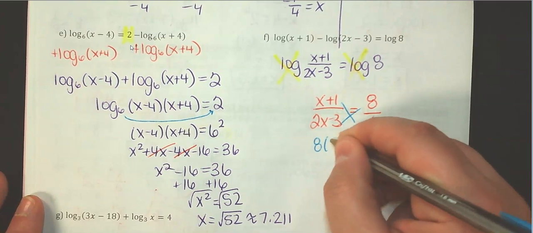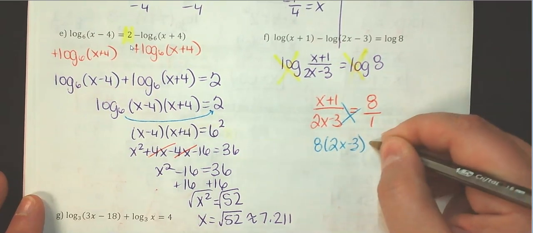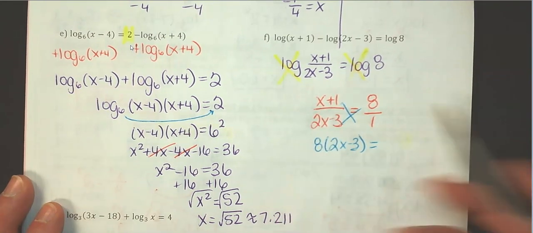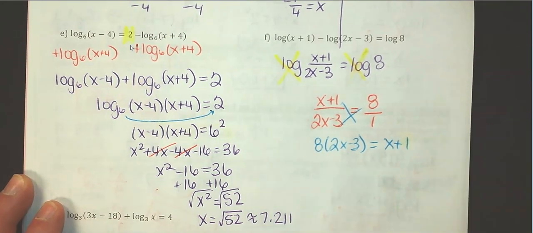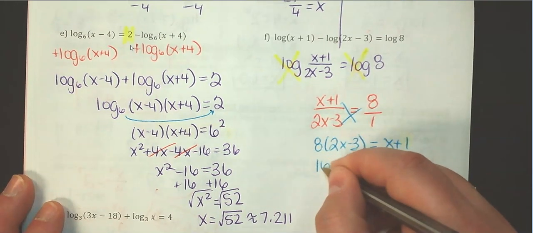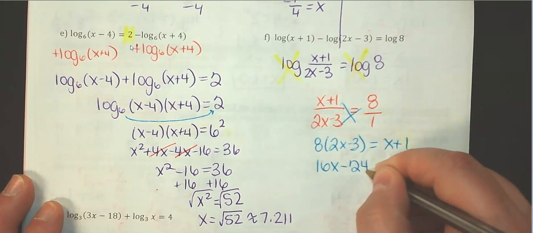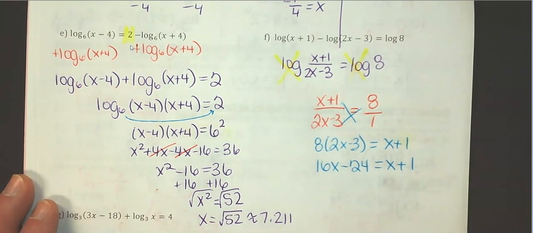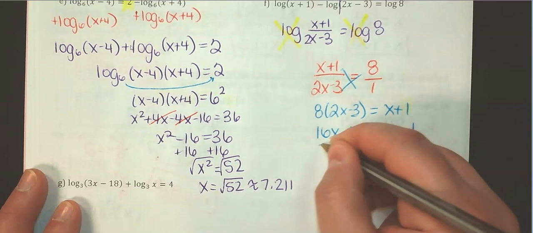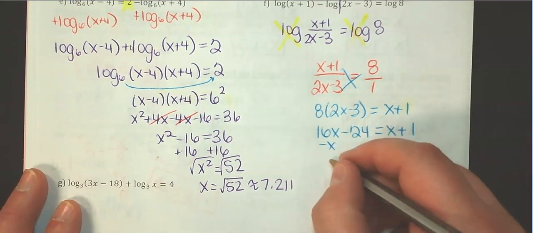So when you do your cross products, if you have a couple terms like I do here, you're just going to make sure you use the distributive property. Now x plus 1 times 1 is just x plus 1, so that's not going to change. But if I do 8 times this 2x minus 3, I'm going to get 16x minus 24. And then however you guys want to solve it. If it's me, I like to keep my variable positive if I can. So I'd probably subtract the x there.